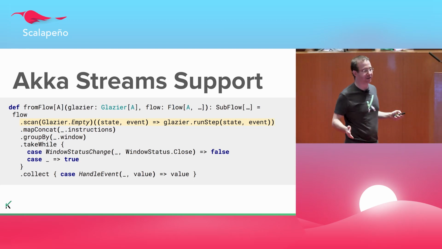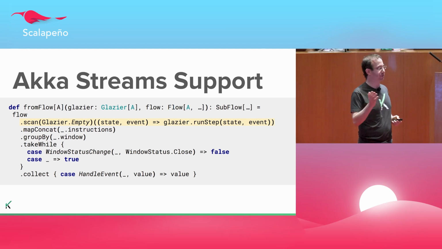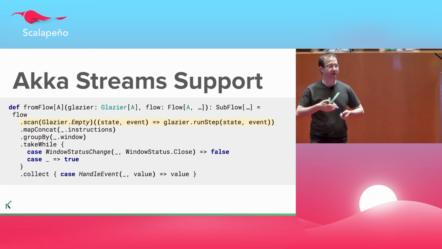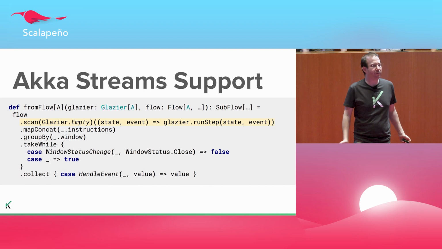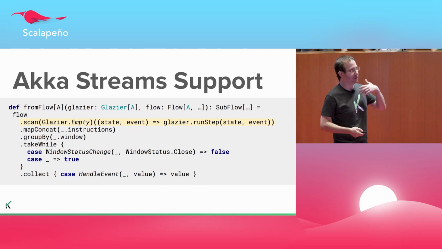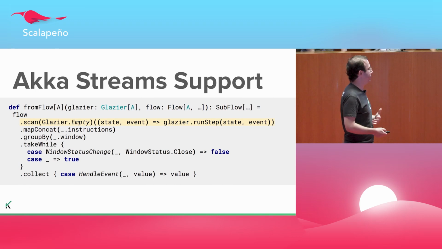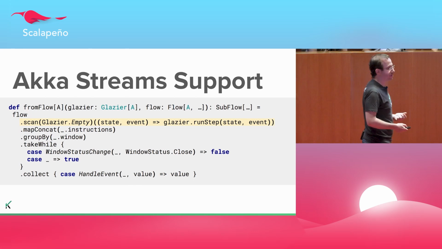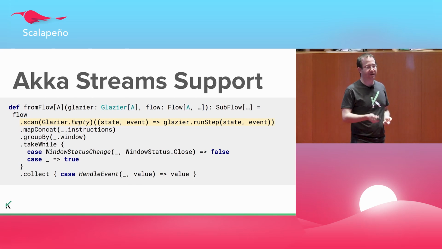So we use scan. We start with some empty windowing state. And now we have our empty windowing state, and the first event that came in, we run that through Glacier, and we receive a new modified state with some windows closed, some windows open, and some instructions for further processing.